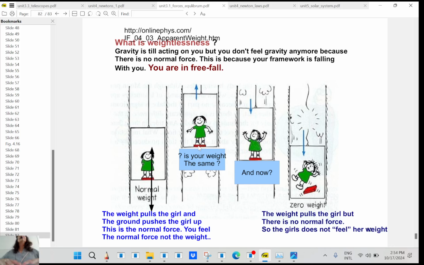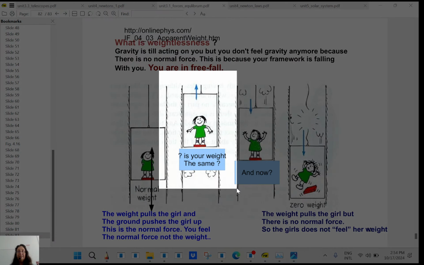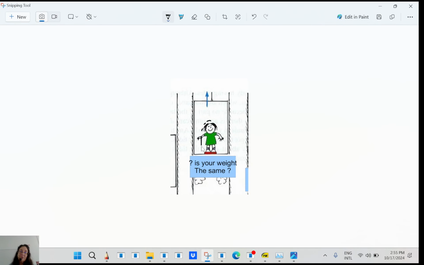Whatever it's being pushed is going to push back. So the normal force will be your apparent weight. So now it's all about the system, right? If I take little Susie, I don't know if you recognize her, little Susie in the back. Acceleration is up, so I need a net force up, right?